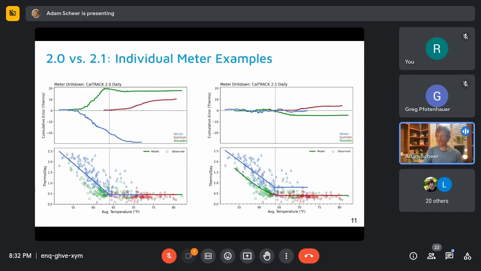Basically what you're describing is, in Reno there's a bunch of days where the low temperature is maybe 40 degrees, the high temperature is 90 degrees, and so the average daily temperature winds up being 65 degrees. But actually, I'm both heating and cooling my home on days like that.